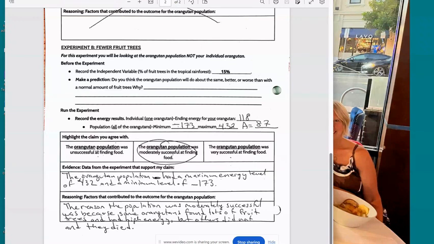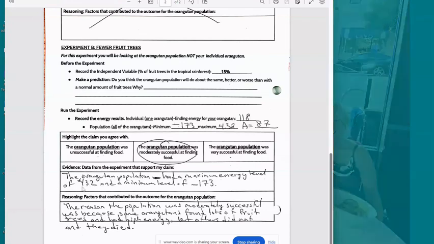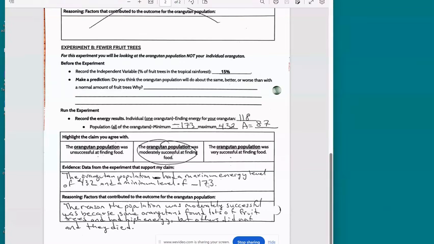So now instead of your specific orangutan, we're looking at the population. So we decided they were moderately successful. The orangutan population had a maximum energy level of 432 and a minimum level of 173.